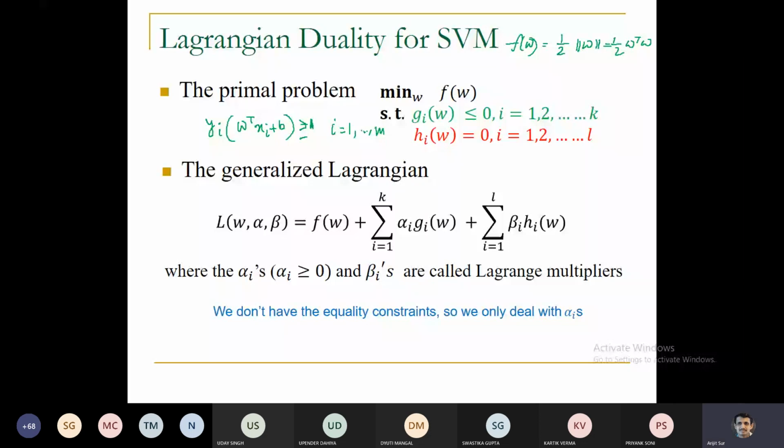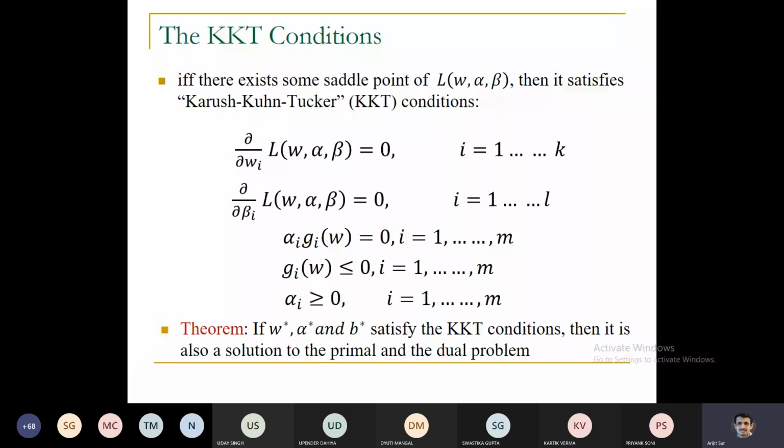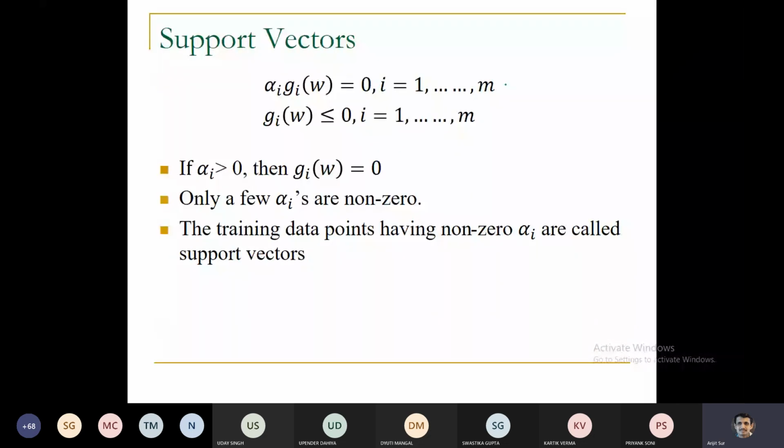This is copied from that particular slide, but we will do this formulation with respect to our SVM problem. Coming to this problem, the support vectors are those for which, if alpha is greater than 0, then g_i(w) is equal to 0.